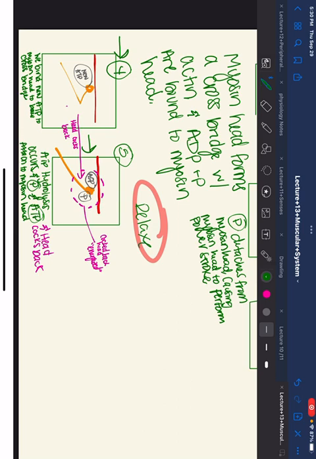Careful, in the relaxed state, the head contains phosphate and ADP, but it's not attached to the actin. So in the relaxed state, there is no cross bridge.